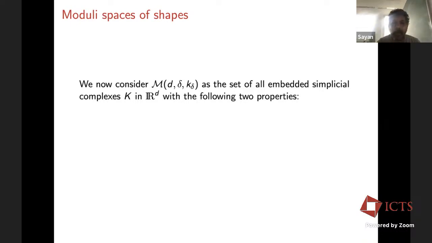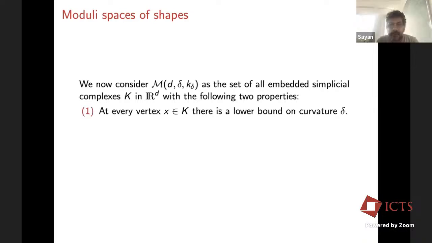Okay. So let's say we have a set M in dimension D with delta and K delta, which I'll tell you what they are very soon, as a set of all embedded simplicial complexes in R^D. And they have two properties. At every vertex, there's a lower bound on curvature, which I'll tell you what that is.